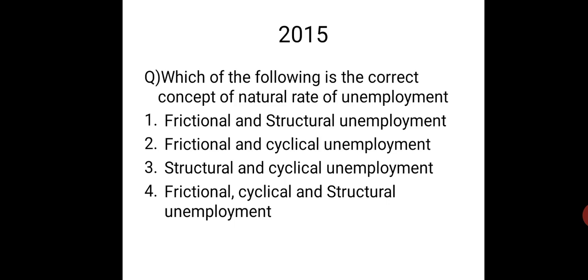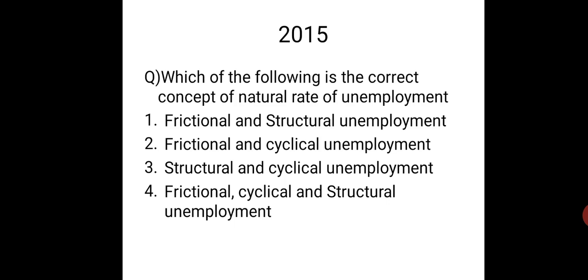Next question, which has appeared in 2015. Which of the following is correct? Concept of natural rate of unemployment. So Phillips curve believes that there is unemployment and that there is a natural rate of unemployment. They are different from classicals who believe that there is no unemployment and there is full employment. But there is unemployment according to Phillips curve, and that unemployment constitutes 2 kinds of unemployment.